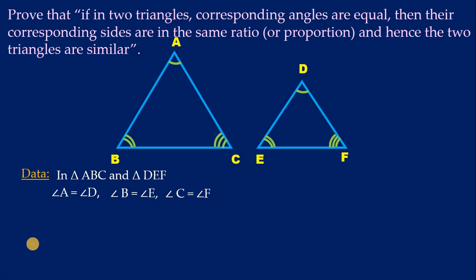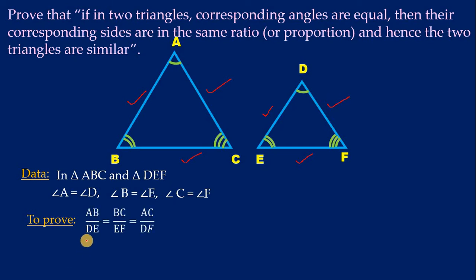Next, let us move on to the next step to prove. As I said, corresponding sides are proportional. That is what we have to prove. In the figure, corresponding sides are AB corresponding to DE, BC corresponding to EF, and AC corresponding to DF. These corresponding sides should be in same proportion.